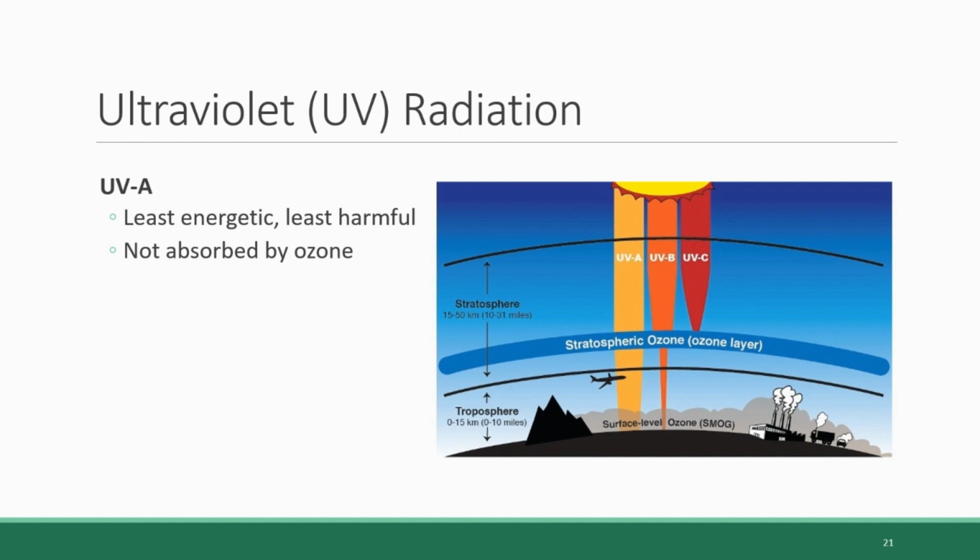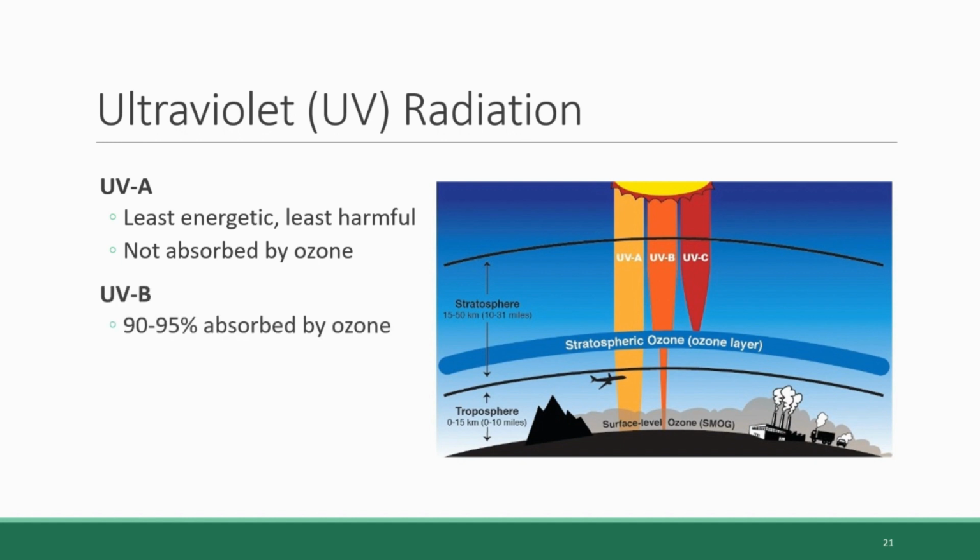And UVA is not absorbed in the ozone oxygen cycle. So it makes it through the ozone layer and it travels to the surface of the Earth. So this is the type of UV primarily that you're trying to protect yourself against when you wear sunscreen. And when we say it's the least harmful, that doesn't mean it's harmless. It just means that it's not as intense or harmful as the other two.